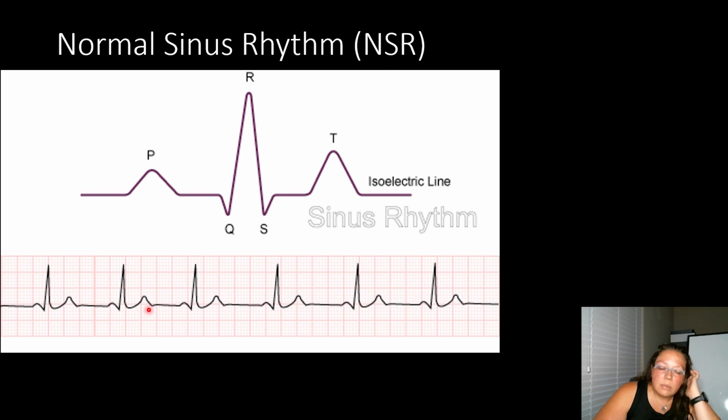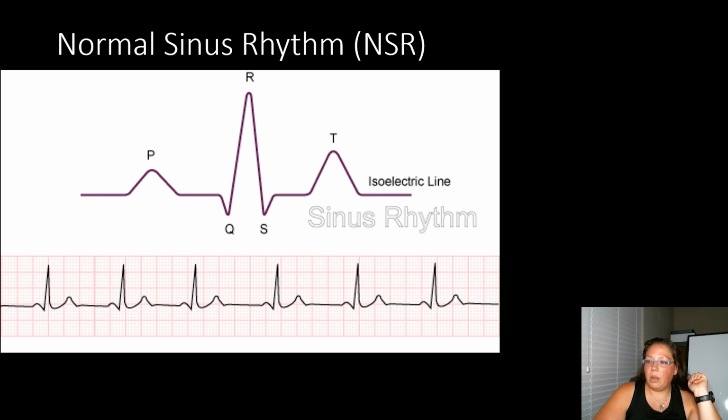Down here on this rhythm strip is what a normal sinus rhythm strip would look like. If you see, the QRS is not wide, the P wave is not wide. The P wave is nice and close to the QRS. You got this nice T wave here. Everything looks the same and everything is regular.